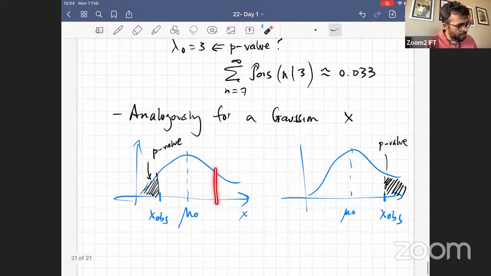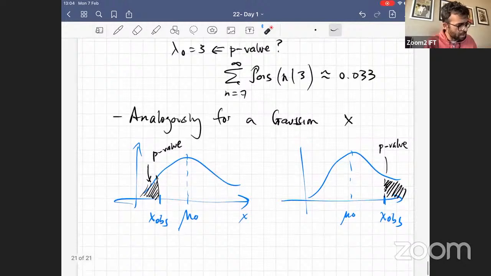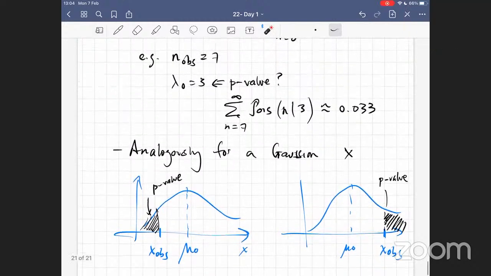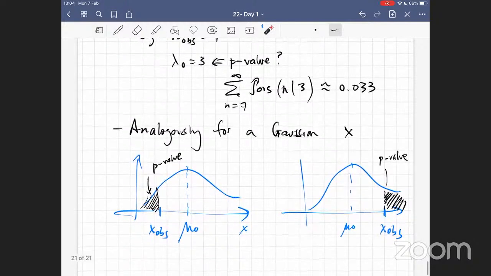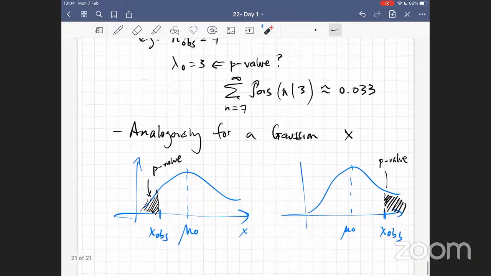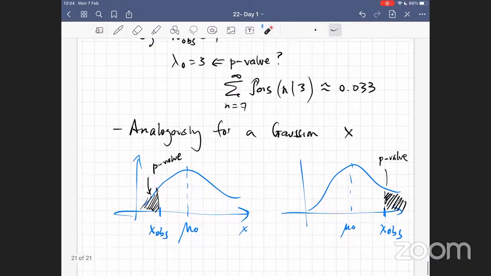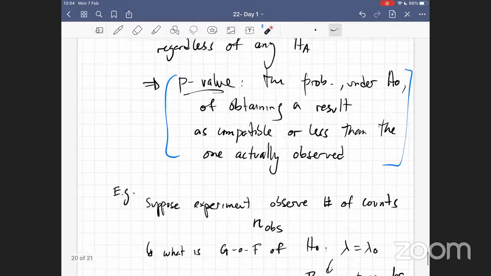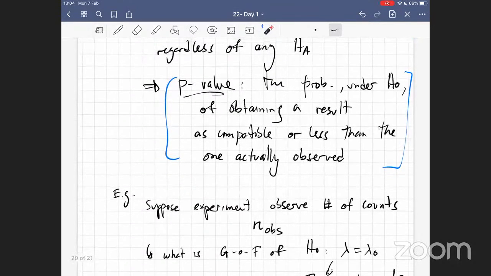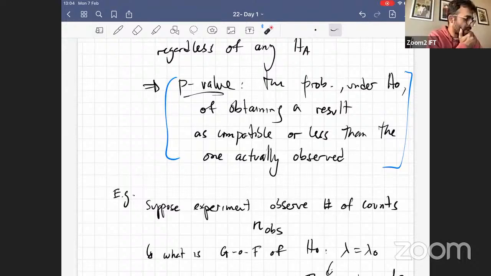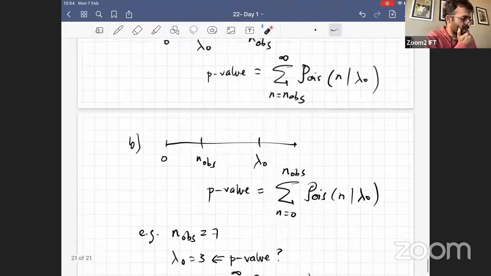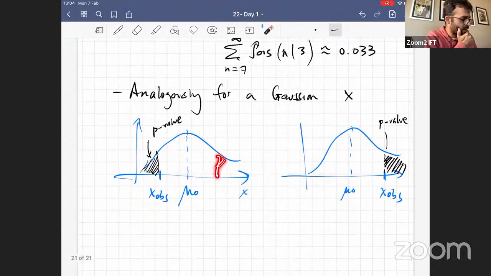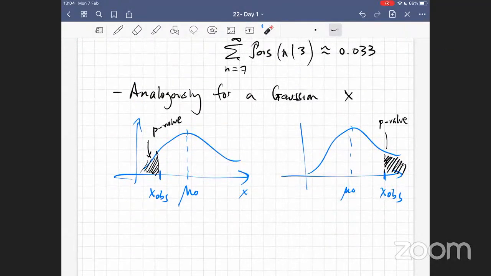So where do I stop integrating? Do I start integrating here or here? I just wonder, because with that definition, it seems it would have been allowed. It's not clear what is meant by less compatible in this sense. So you're saying this definition doesn't exclude the possibility of having this integral as well. Yeah, that's what I'm asking.